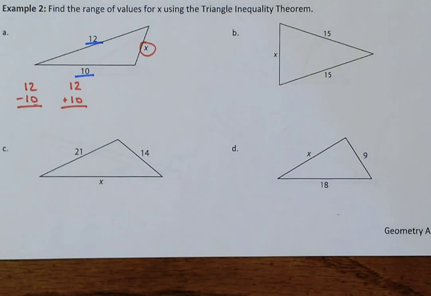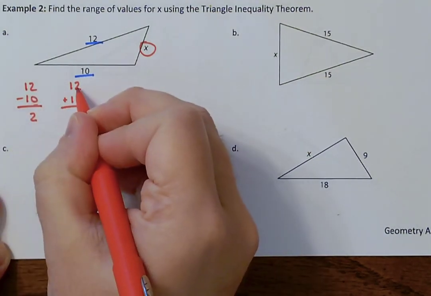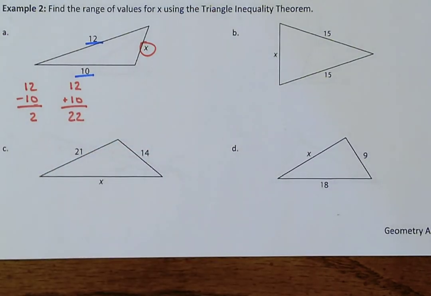So if we do 12 minus 10, we get 2, and if we do 12 plus 10, we get 22. So I've done my simple operations, and I get 2 and 22 as my two numbers.